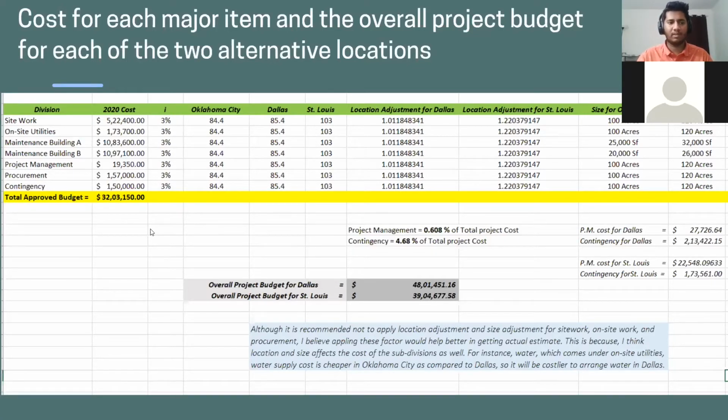For example, if you are using water as an on-site utility, water in Oklahoma City is a lot cheaper compared to Dallas, Texas, where it will be costlier. So location and size might matter over there.